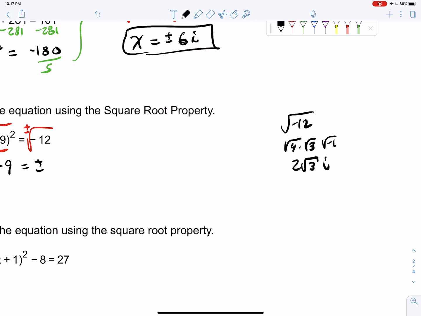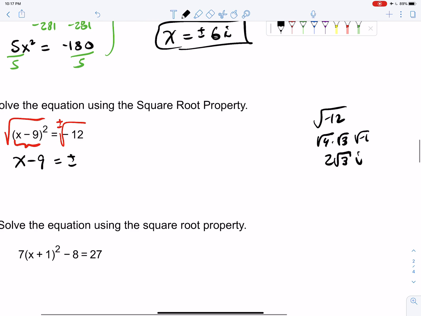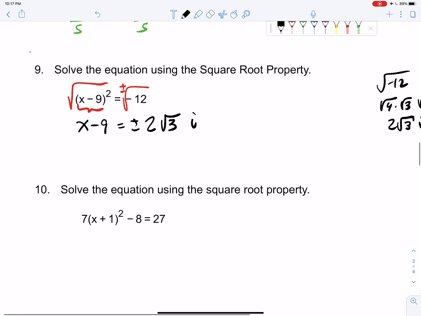And we make sure the i is outside that radical symbol. So this just becomes plus or minus 2 square root of 3 i. Now solve for x by adding 9 to both sides. Let's make that look a little better here.